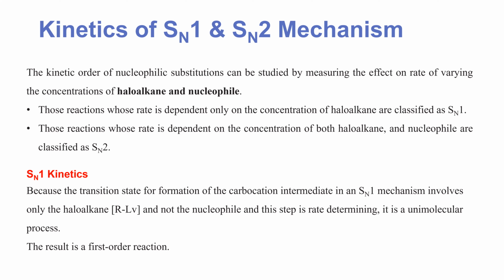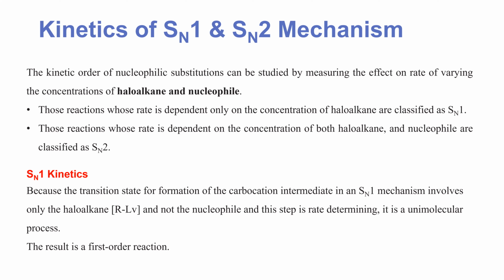Now, coming to the point, the kinetic order of nucleophilic substitution can be studied by measuring the effect on rate of varying the concentration of haloalkane and nucleophile. As we know, these are the key reagents in any nucleophilic substitution reaction. So, looking at the order means looking at the rate of disappearance or appearance of any of these reagents at a certain time.